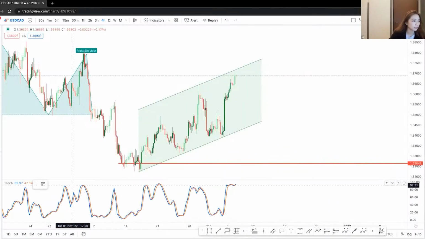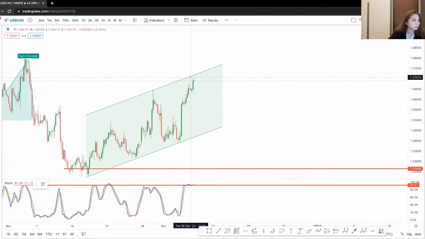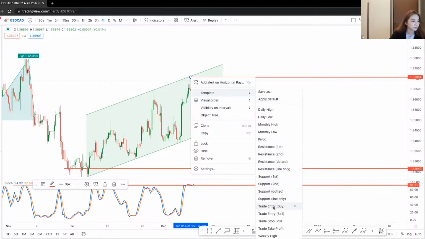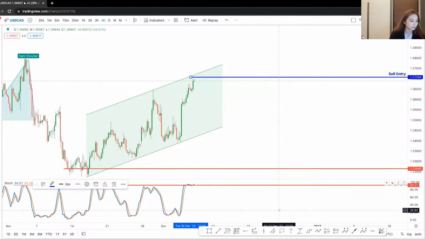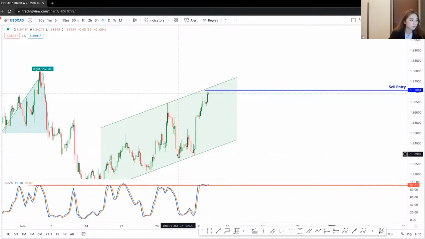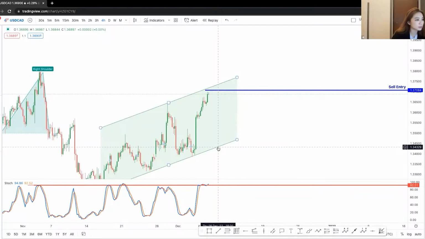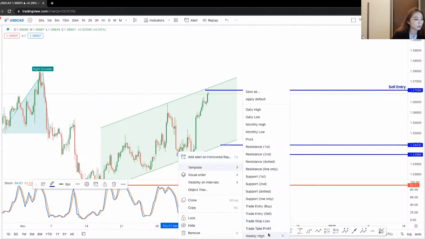Yep, very high in resistance level already. I'm looking at a potential downward movement. Would still want to keep my take profit within the channel. So I would put it slightly above and on the dot of the support, the resistance of the channel, and my stop loss just right below as the support as well.